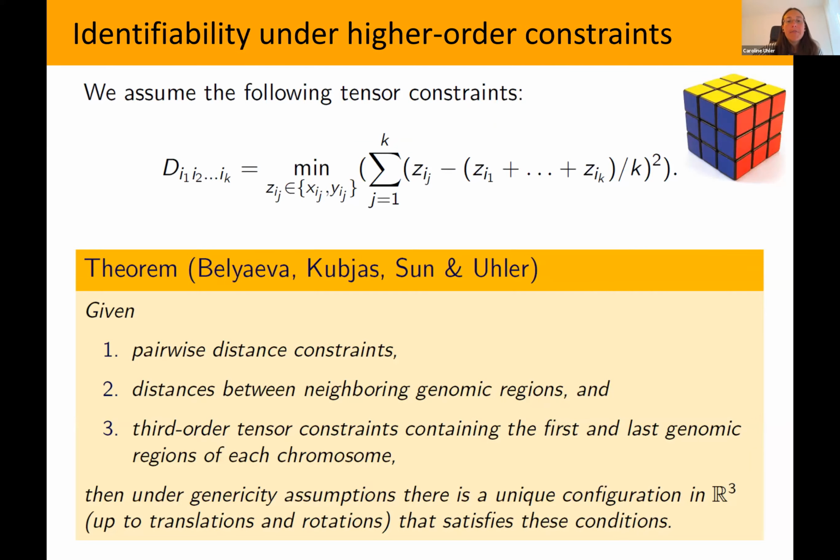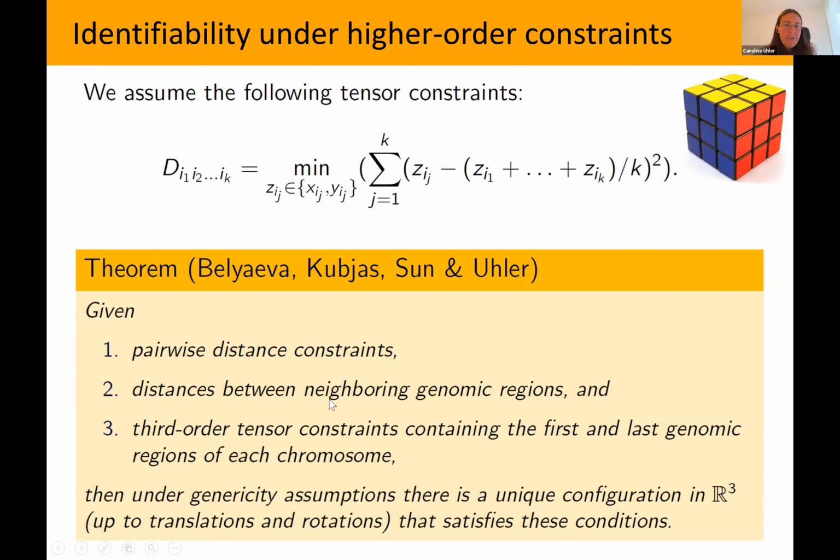Okay, so if you have these pairwise distance constraints, the ones that we had at the beginning, so the standard pairwise distance constraints, you also have these distances between neighboring loci, and you have these tensor constraints. And in fact, you don't need all tensor constraints. For simplicity, you can assume all of them, but really what you need is a tensor constraint that involves the first and the last one on every one of your chromosomes.